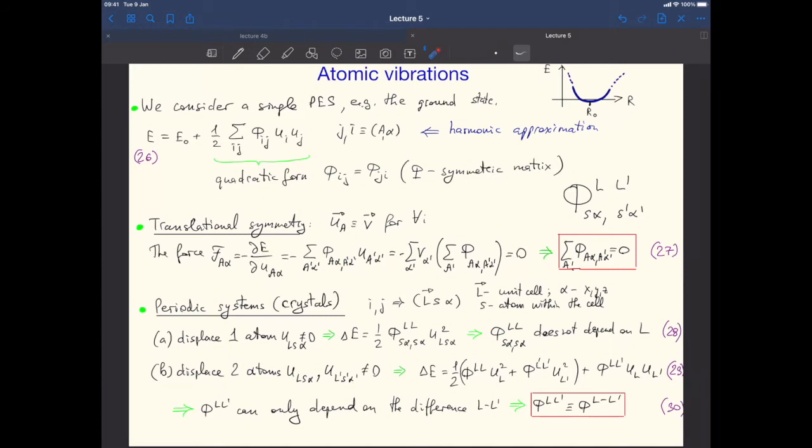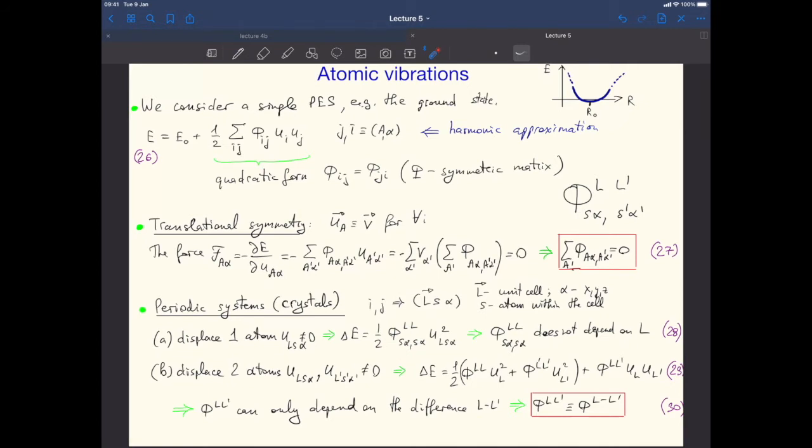In order to prove that, let's imagine that I displace one atom in the cell L, type S, in the direction alpha by some amount. All other displacements will be zero. The total energy change would be given by this term, but if all u's are zero apart from this one, the change of the energy would be described by that expression, in which you will have this diagonal element of the force constant matrix.